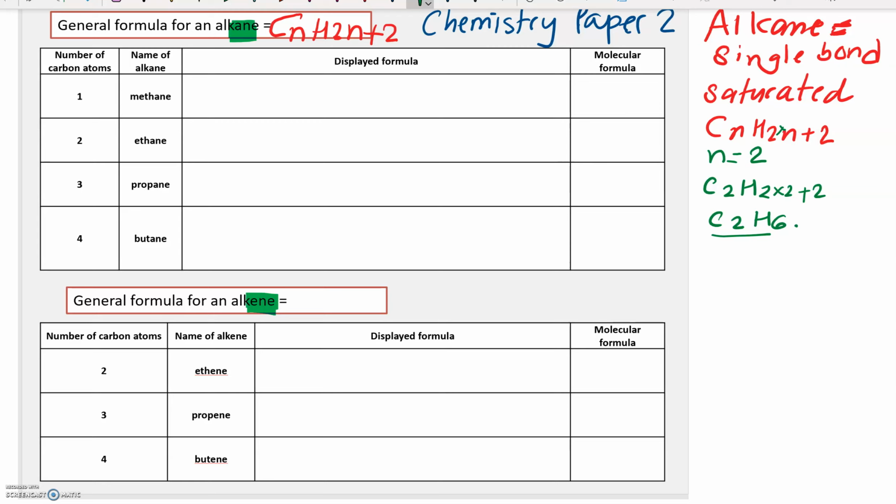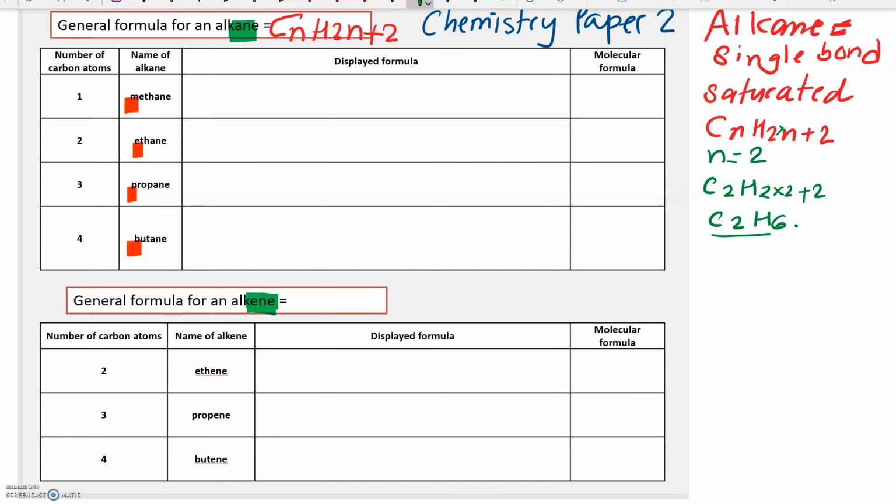Now what you notice is each of these has ANE at the end of them. And what I'm going to do is teach you a really easy way of remembering this, which my students always highlight in the exam. So I've highlighted M, E, P and B. The way I teach them is monkey eat peanut butter.